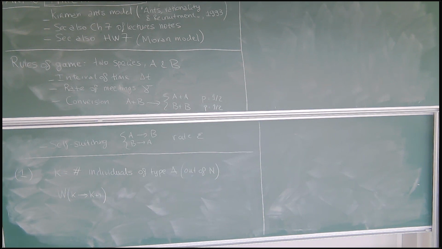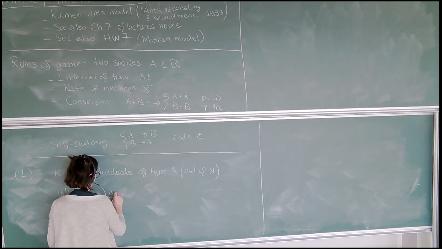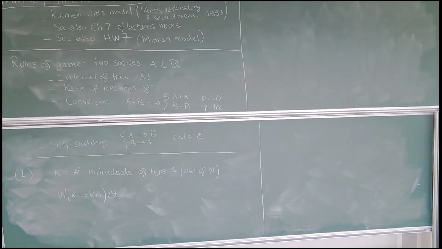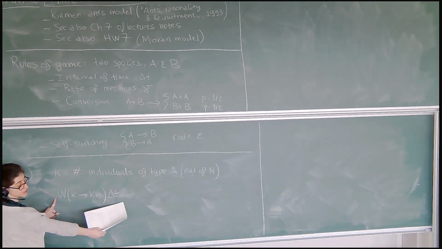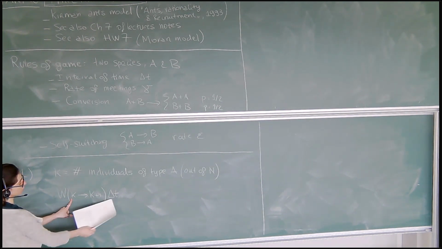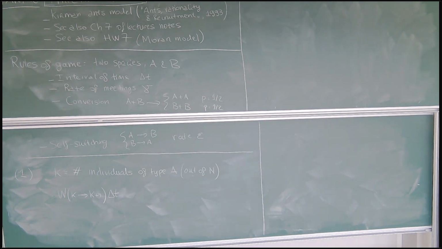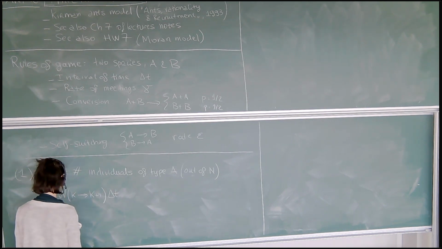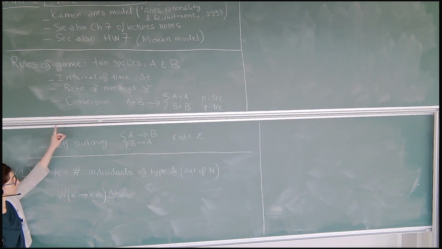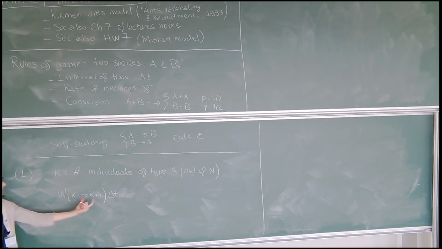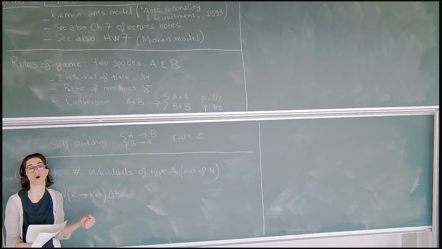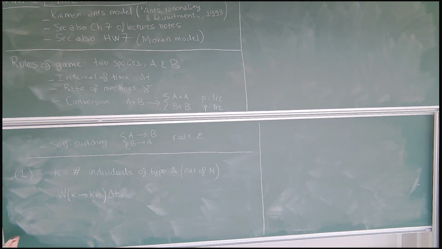So if I write it as W times my small interval dt, then this will be a full probability: the probability that over a small interval of time dt, I go from having k individuals of type A to k plus 1 individuals of type A. And if you look at the model, we are always assuming that the interval is chosen in such a way that you have at most one encounter between two individuals at each interval dt.